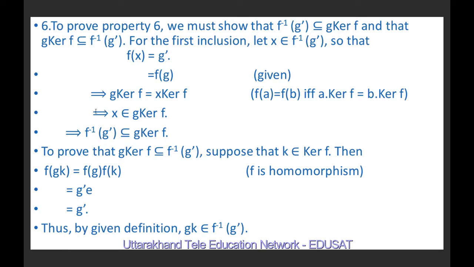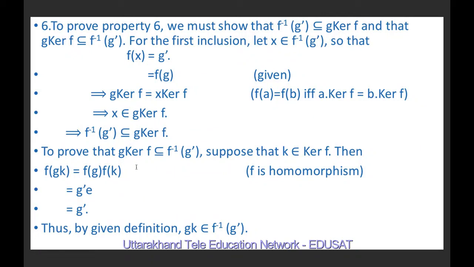So we have proved in the previous property that FA is equal to FB if and only if A kernel F is equal to B kernel F. So because Fx is equal to Fg, therefore g kernel F is equal to x kernel F. It means x belongs to g kernel F, and x was an element of F inverse G dash, and we have shown that x belongs to g kernel F. It means F inverse G dash is a subset of g kernel F.